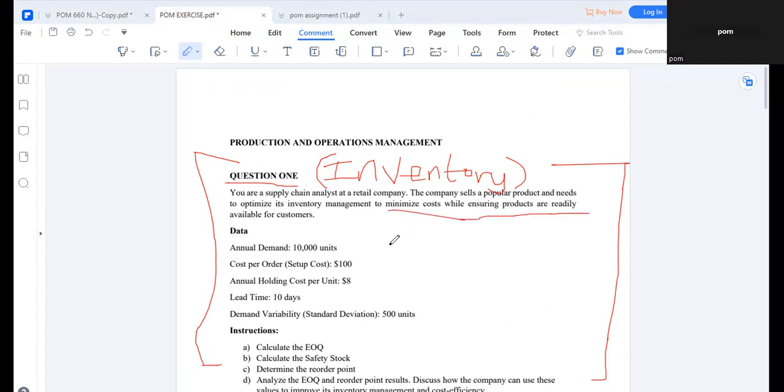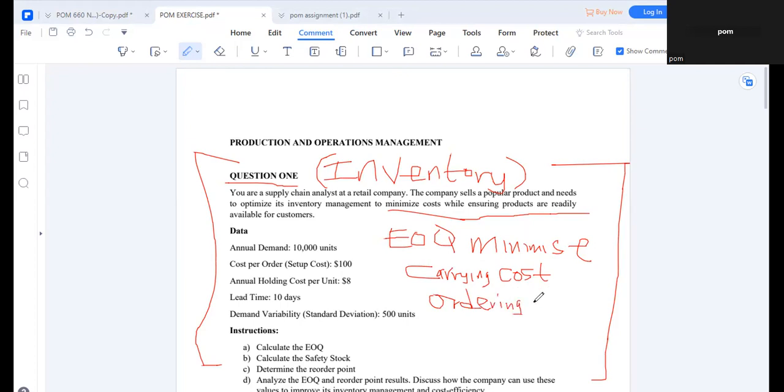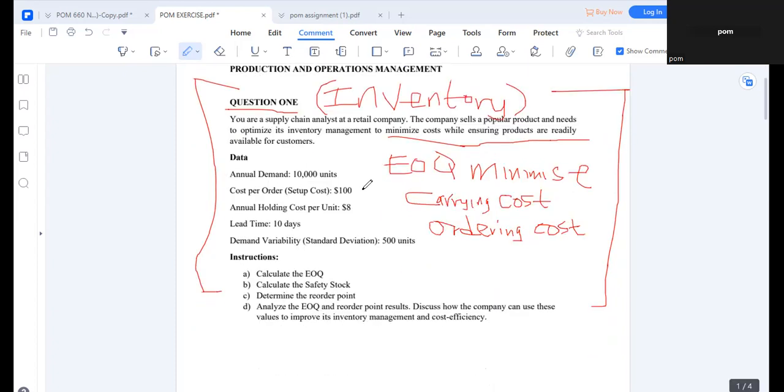So the objective of EOQ is to minimize the carrying cost, as well as the ordering cost. So this is the objective of the EOQ.